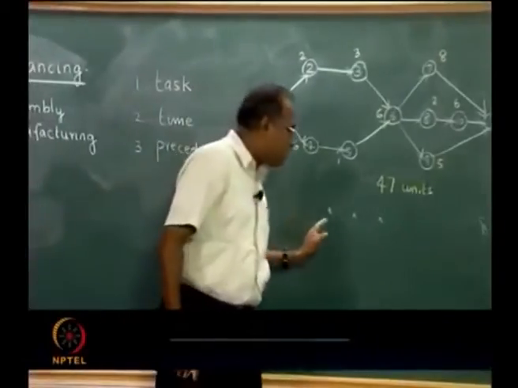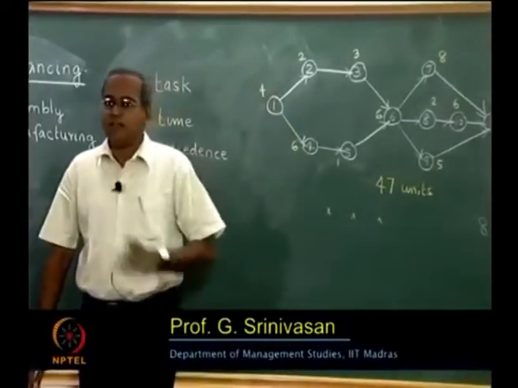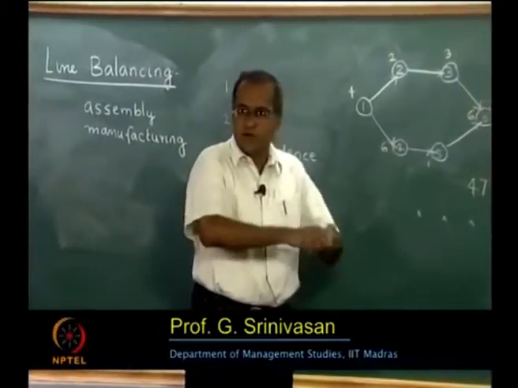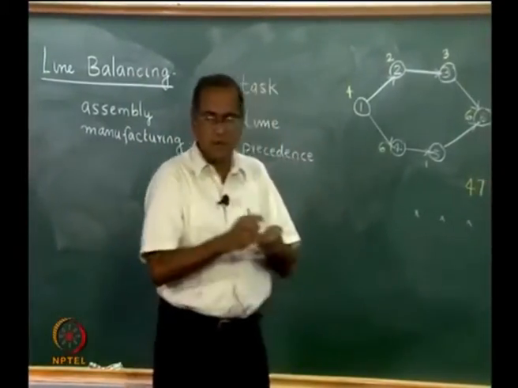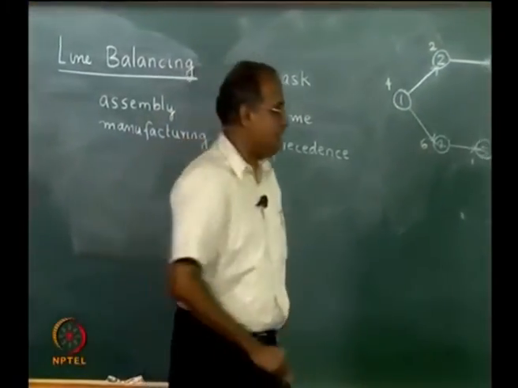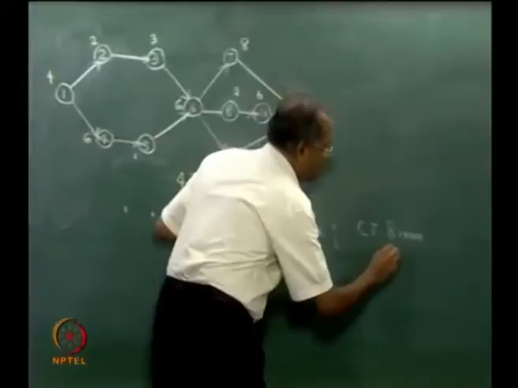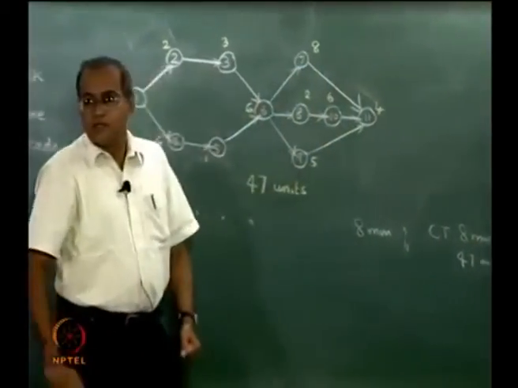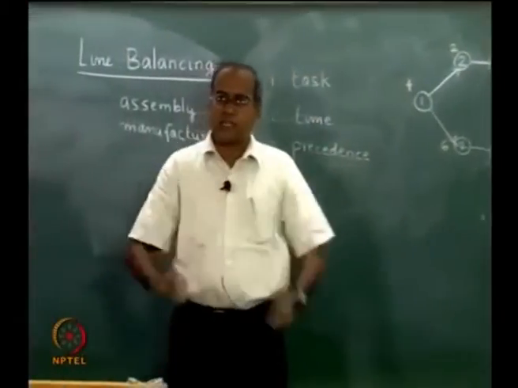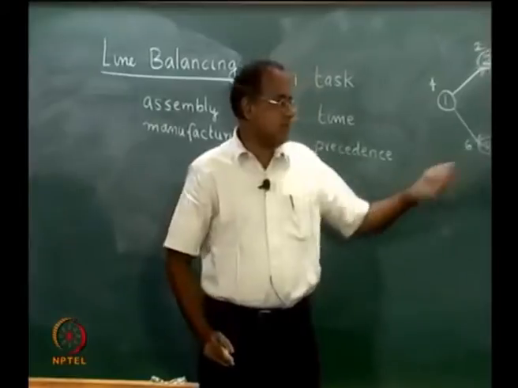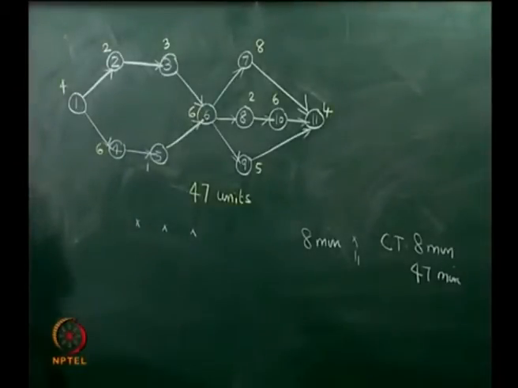If we have 11 workstations, but only one operator who first goes to workstation 1, finishes the assembly, takes it, goes to workstation 2, finishes the assembly and so on, then the cycle time will be 47 minutes. So, as long as we do not have parallel stations, the realistic cycle time that we can achieve in this case is anything between 8 minutes and 47 minutes.